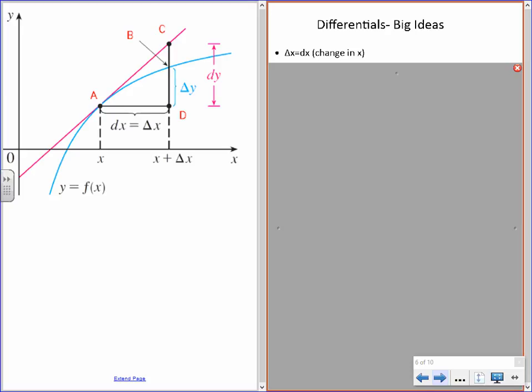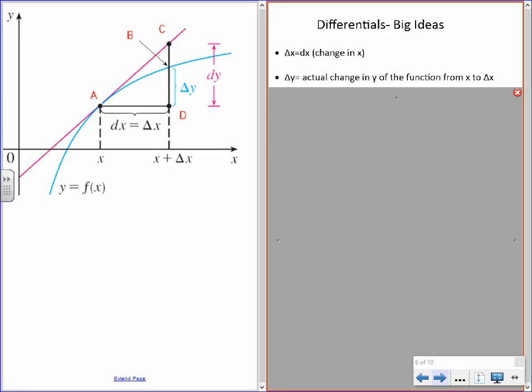Now, there is a difference between delta y and dy. Delta y, as you can see in this picture right here, is the actual change in the function from x to x plus delta x.